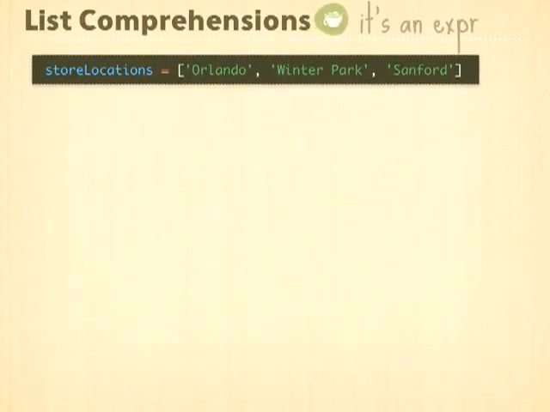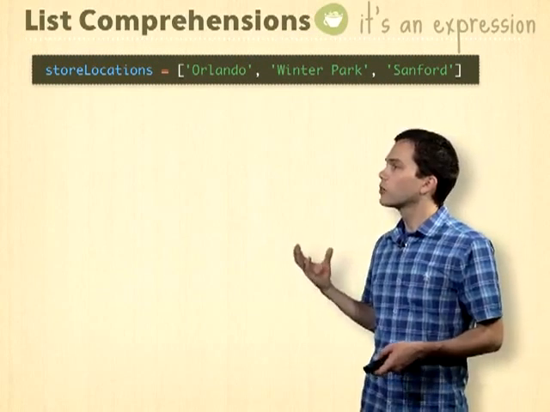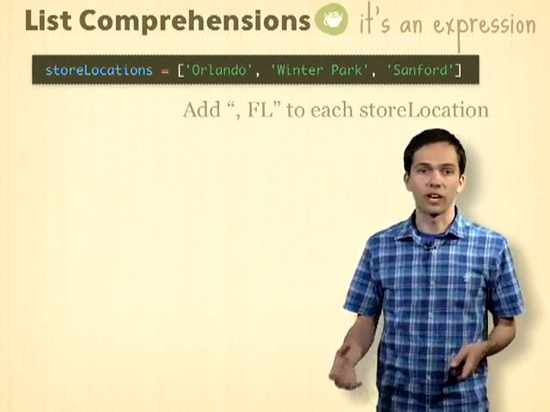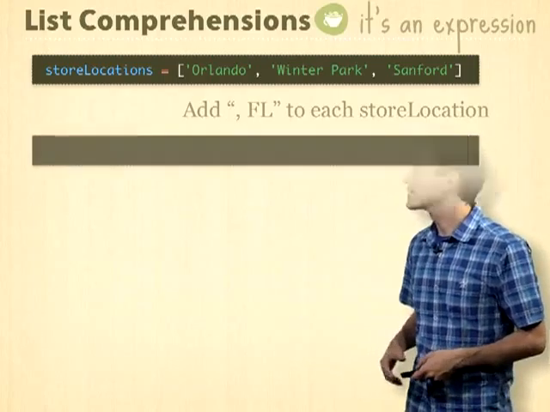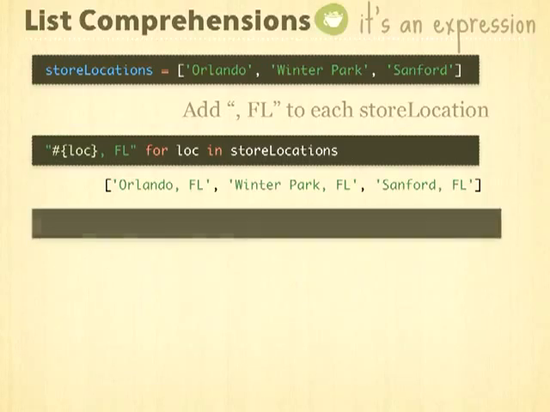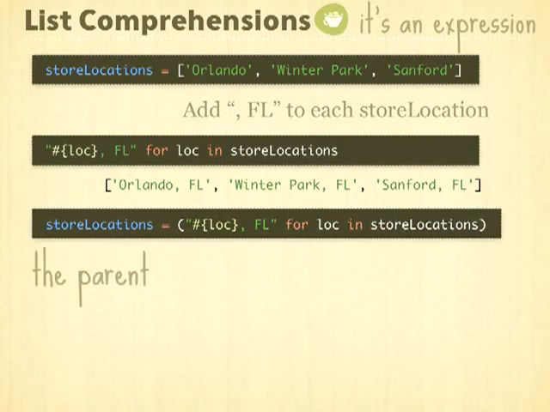Let's take a look at a couple more list comprehensions. So what if we wanted to add comma FL for each of those cities in our array? Well, we could write it like this. So we have our interpolated string for location in store locations, and that would be the array that it returns for us. If we wanted to overwrite our original array, we want to write it like this. The parentheses here are really important. Keep that in mind.